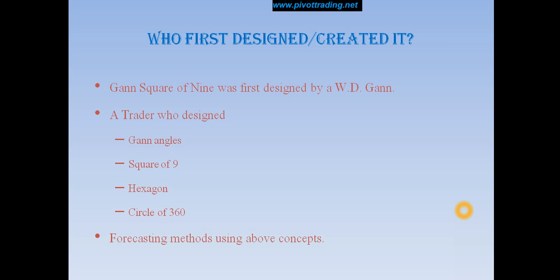He designed different strategies and concepts. A few of the important concepts from Gann were Gann angles, square of 9, hexagon, and circle of 360. This session will concentrate only on describing what exactly the Gann square of 9 was and how we are using it today.